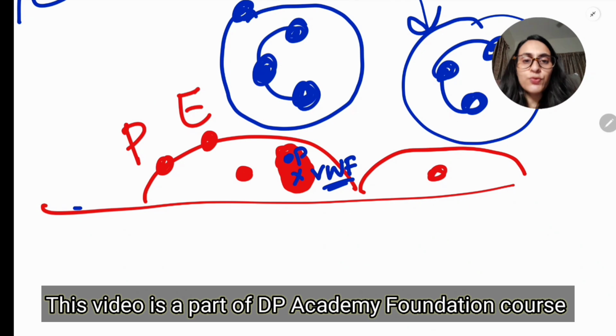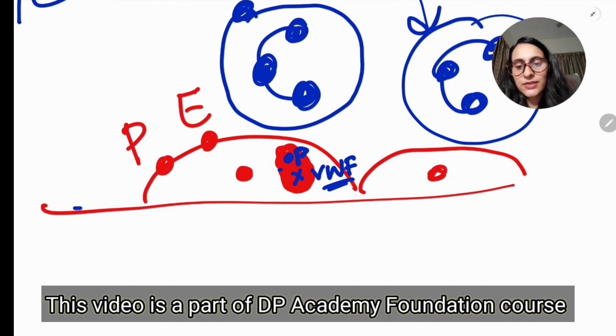So there is redistribution of this P-selectin, and this redistribution from the Weibel-Palade body to the outside occurs via histamine and thrombin. This Weibel-Palade body has von Willebrand factor as well as P-selectin, but with the help of histamine and thrombin, the P-selectin comes out.